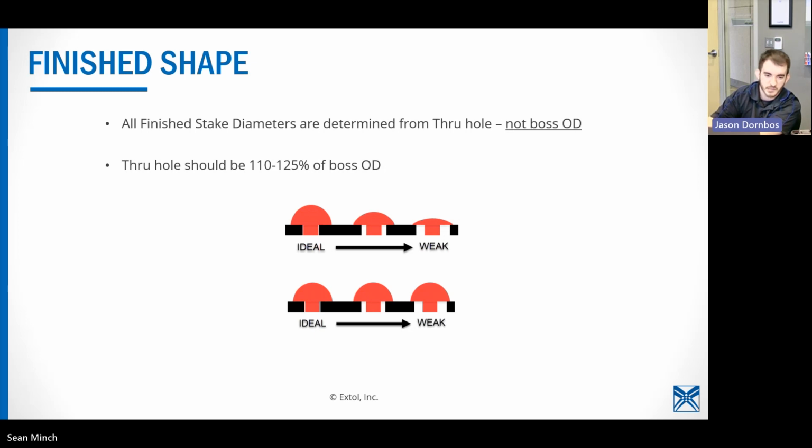This is both for InfraStake and nanoSTAKE. Large through holes can cause a larger material overlap. This then would cause situations on the right where you can see a weaker cross section, because we're really depending on the sharp edges of that through hole upward through the plastic. So the less plastic above that point, the easier it is to pull through, if you will.